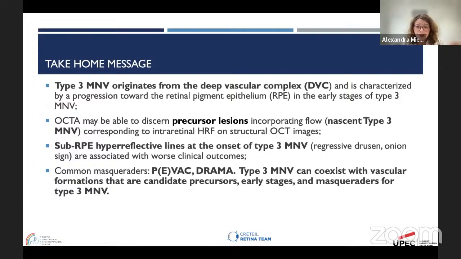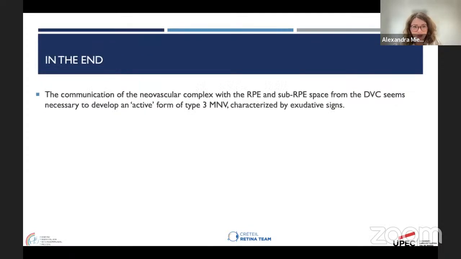So we must pay attention because sometimes we may have a type 3 macular neovascularization and several scans above or underneath, we may also have a DRAMA lesion in the same patient. And this is very important to know.